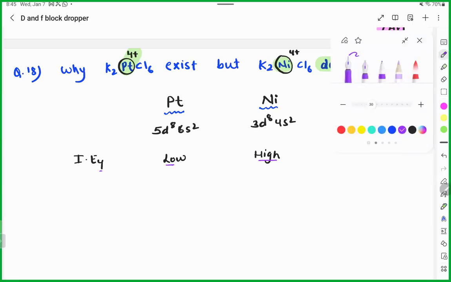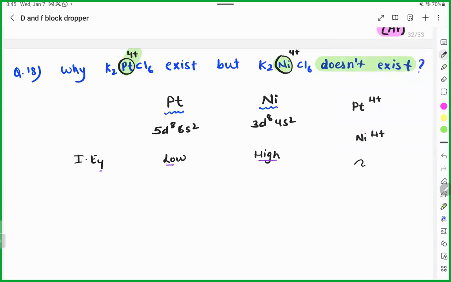So if we see here and you take fifth ionization enthalpy in case of nickel, you remove 5 electrons, 2 from S, 3 from D. It will be 3d5, highly stable. But we need a lot of energy to remove 5 electrons, which is not practically possible. And that's why you will see nickel usually shows only +2 oxidation state.